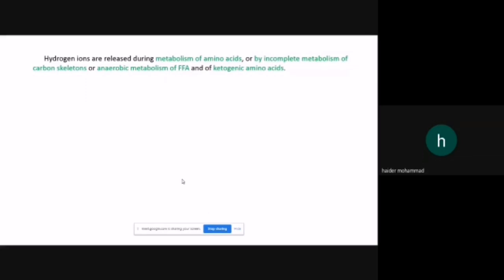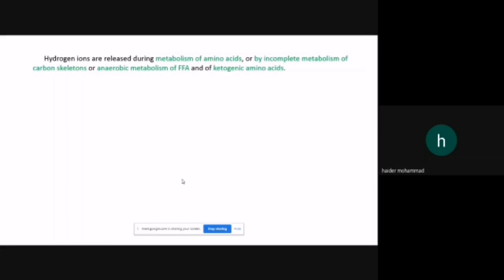Metabolism gives hydrogen. We are going to see how it does that. Just sometimes there is a temporary increase, as a comparison between production and consumption, for a short period. And we gave the example of exercise.